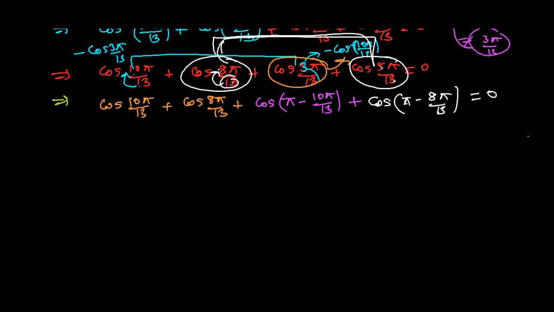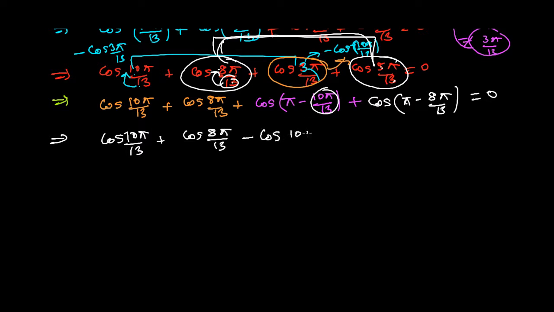So we are very close to the answer, right? Here it is cos 10 pi over 13, and again cos 8 pi over 13, and this is cos pi minus 10 pi over 13. So I can write this as minus cos theta, because cos of pi minus theta is minus cos theta.